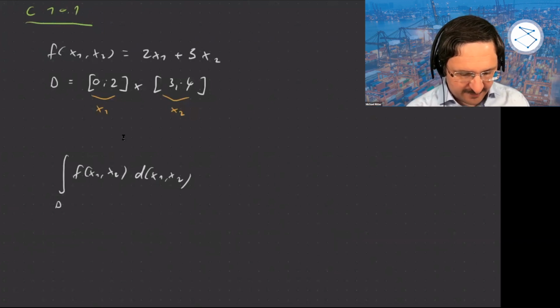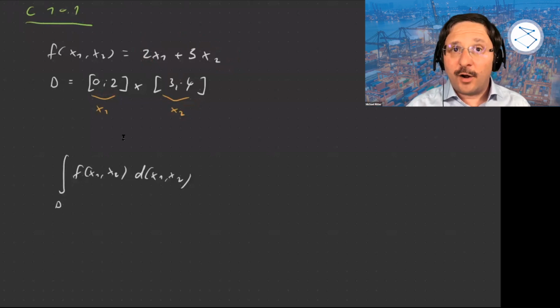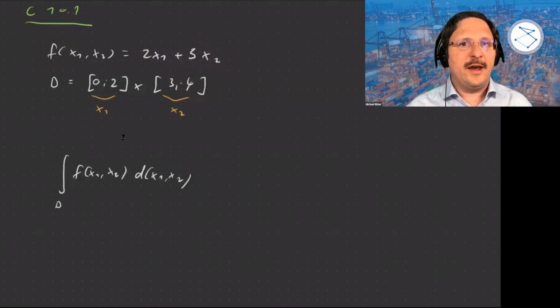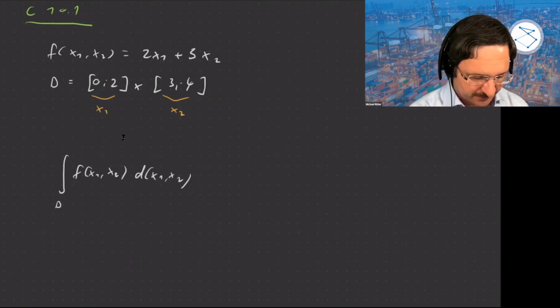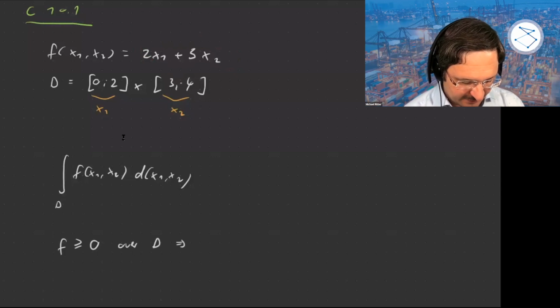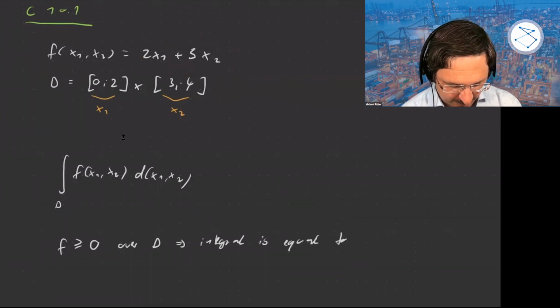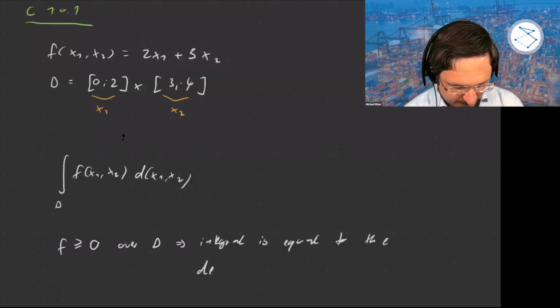Also, the function f is obviously non-negative over this interval, right? Because we have non-negative numbers here. So the volume that we are looking for is exactly equal to the integral over f. We don't have to take care of any sign switches here. So let's write that down first. f is greater or equal to 0 over D, and that means the integral is equal to the desired volume.